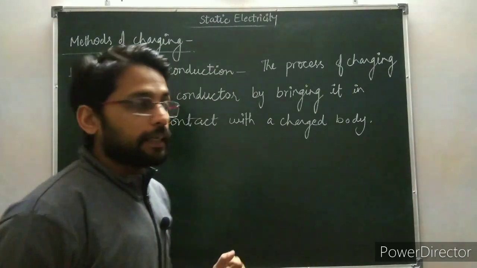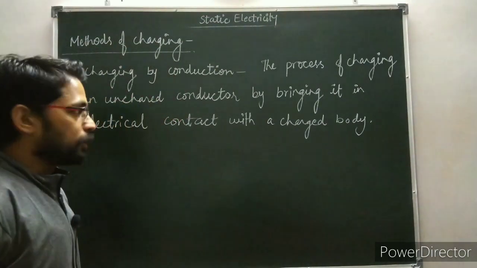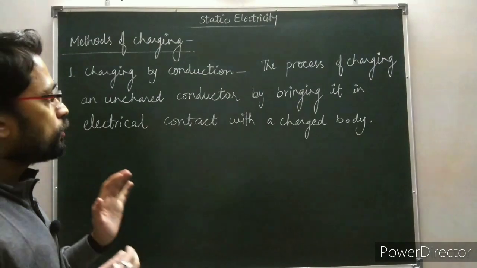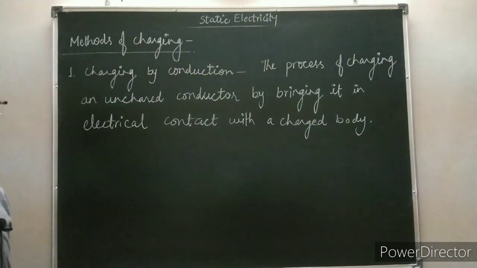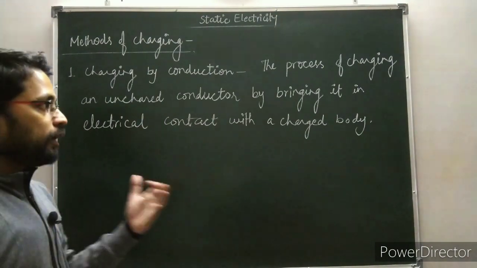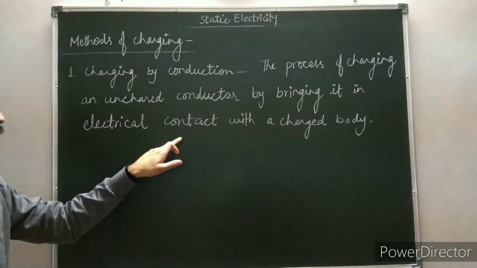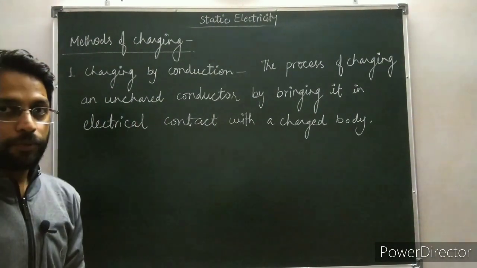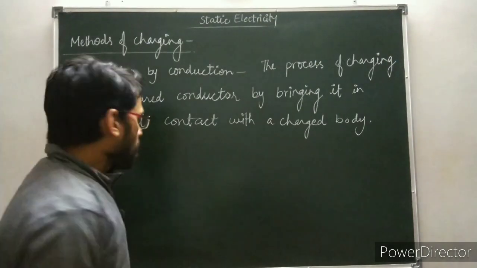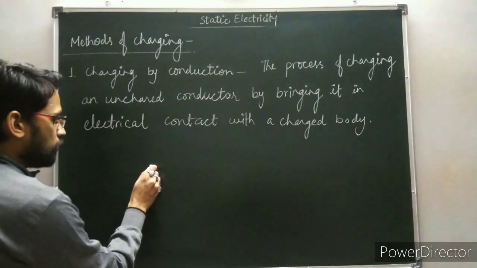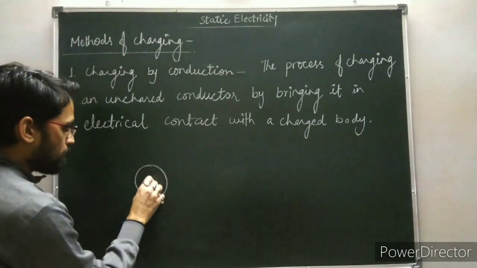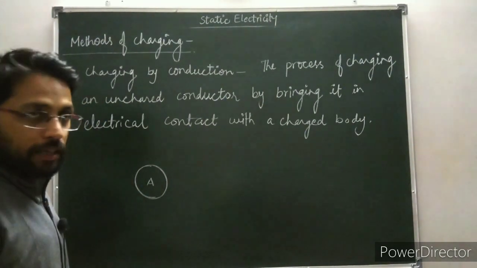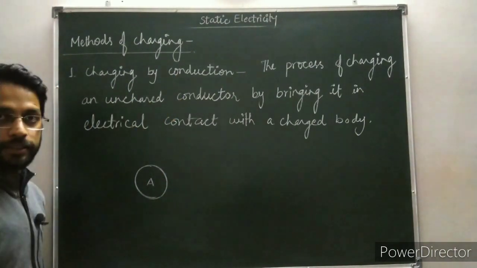Now come to the first one, that is charging by conduction. In this process an uncharged conductor is charged by bringing it in electrical contact with a charged body. Imagine we have an uncharged conductor A, which is to be charged by the conduction process.